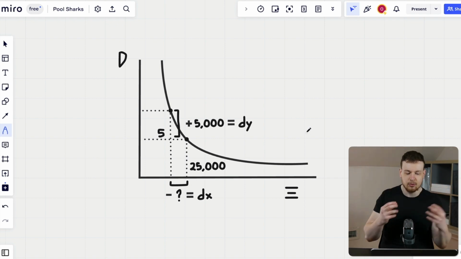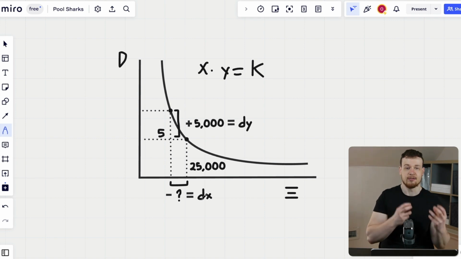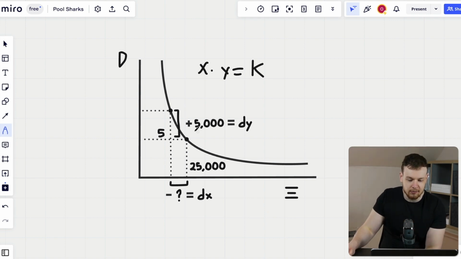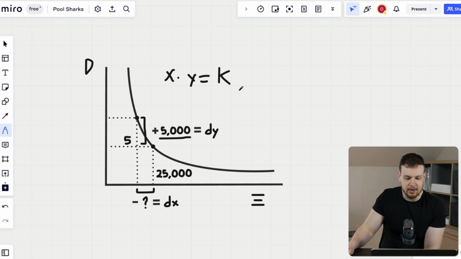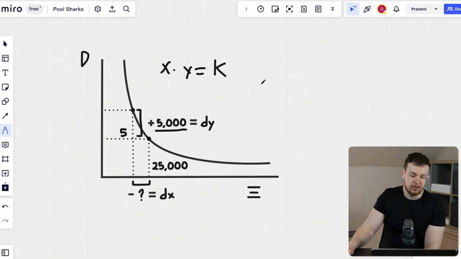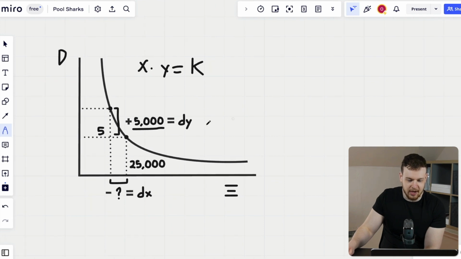So what we can do is use the X times Y equals K formula to compute this dx, the amount of Ether that the trader got out for supplying this 5,000 DAI in. Since we know this is on the X times Y equals K curve, and we know that K is not changing in this case, K is constant, we can plug in these values.